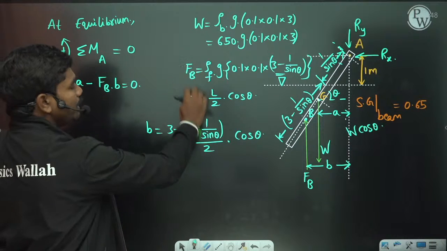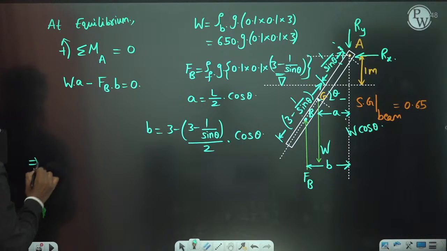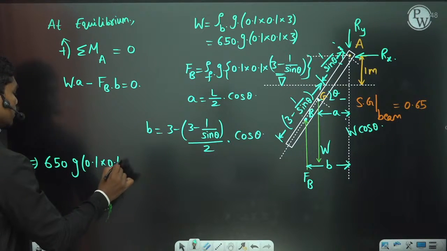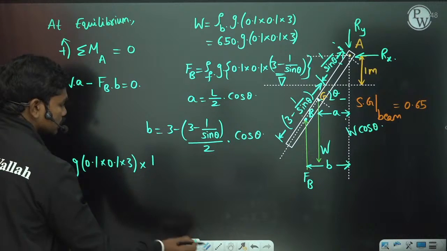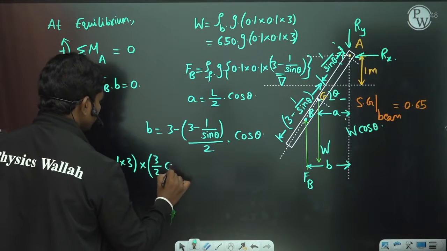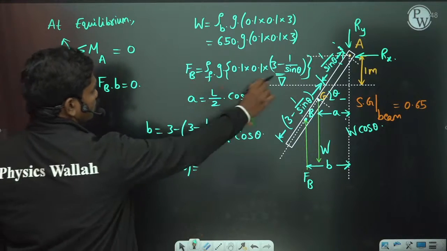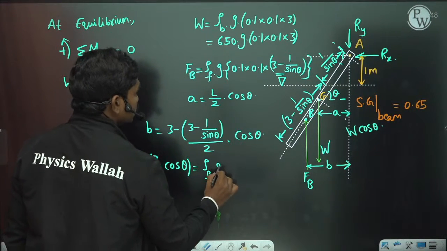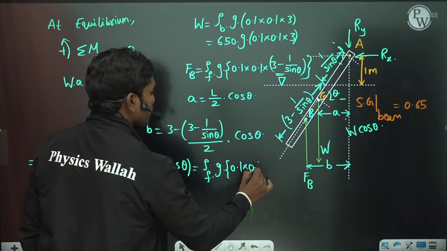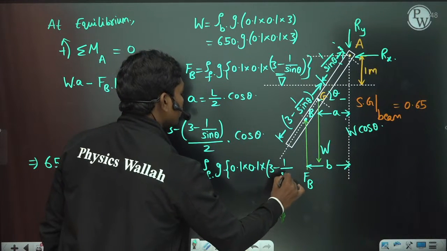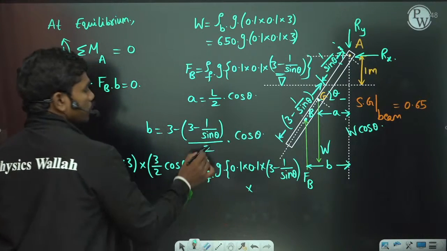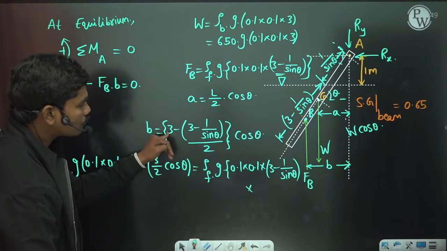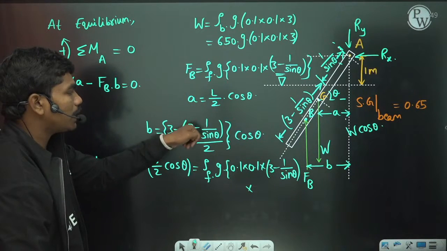So you have W, FB, A, B. Let us substitute here. W times A is 650 times G times 0.1 times 0.1 times 3, times A, which is L by 2 cos theta, that is 3 by 2 cos theta. This is equal to the buoyancy: density of the fluid times G times 0.1 times 0.1 times (3 minus 1 by sin theta) times B. If you simplify by taking the LCM, 2 times 3 is 6 minus 3, so you have (3 plus 1 by sin theta) by 2.